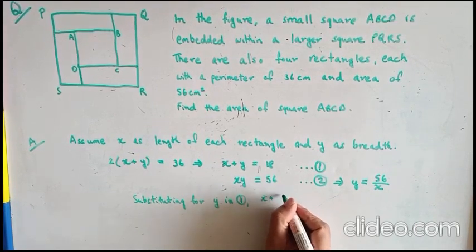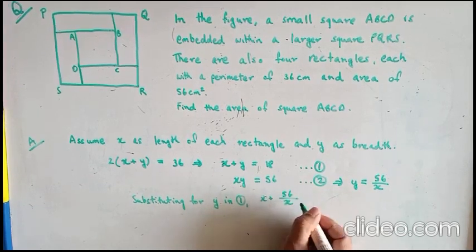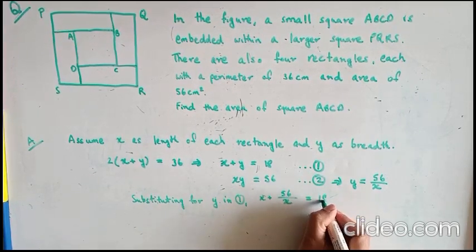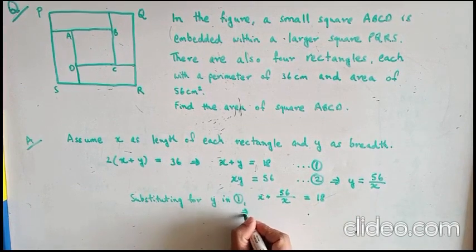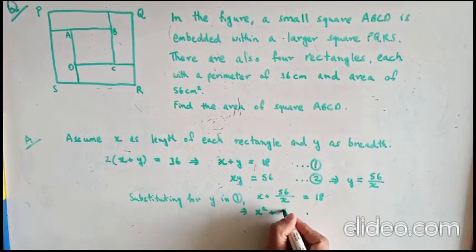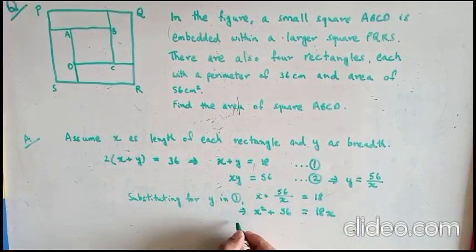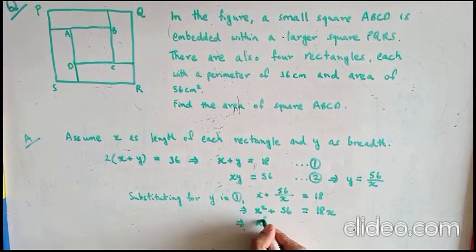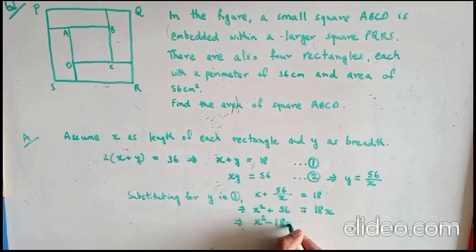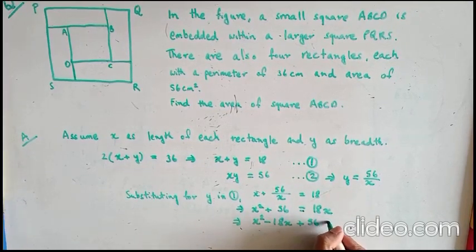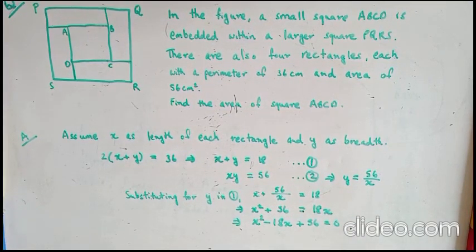We get x plus 56 by x is equal to 18, which means x squared plus 56 is equal to 18x. We bring the 18x this side to make it a quadratic equation. X squared minus 18x plus 56 is equal to 0, right kids?